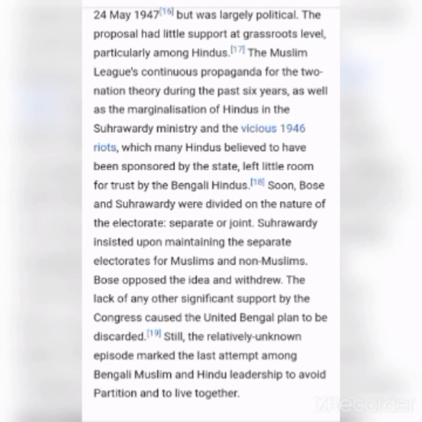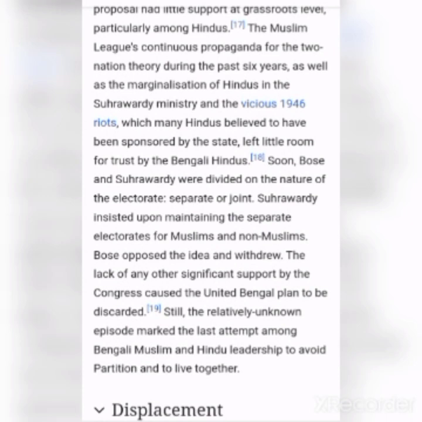Soon, Bose and Suhrawardy were divided on the nature of the electorate, separate or joint. Suhrawardy insisted upon maintaining separate electorates for Muslims and non-Muslims, while Bose opposed the idea.